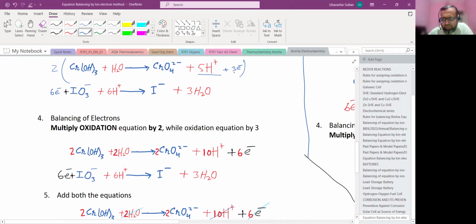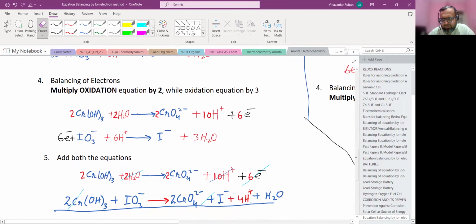And 3 electrons were there, so it becomes 6 electrons. You can do this using a pencil, but using your ink pen or the pointer, you will write both the equations again. So in this step, you have balanced the electrons.